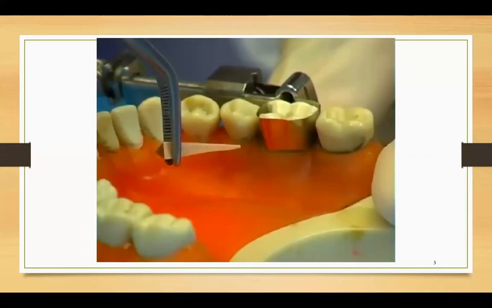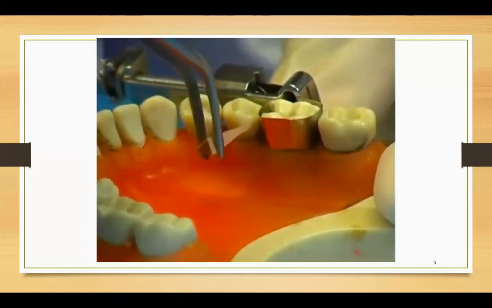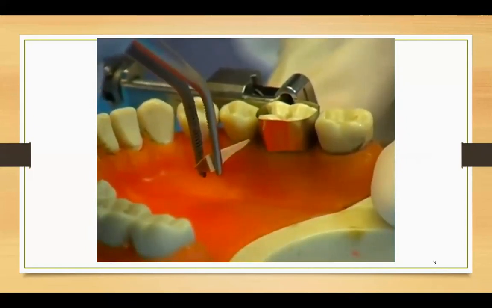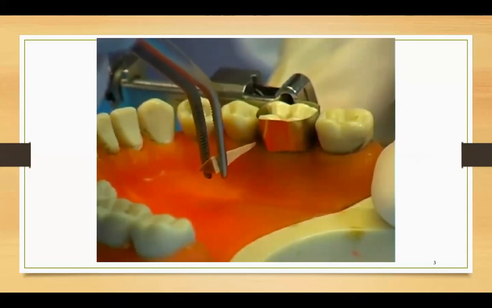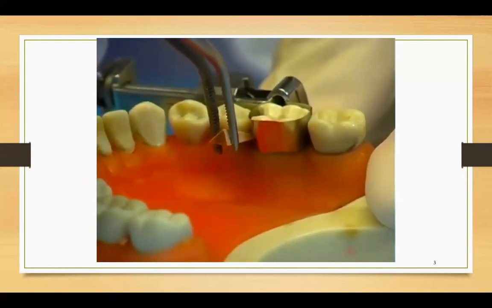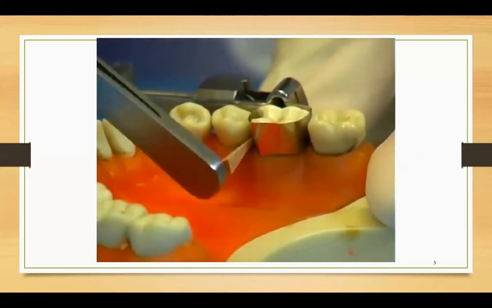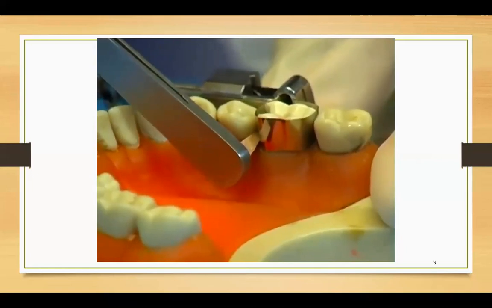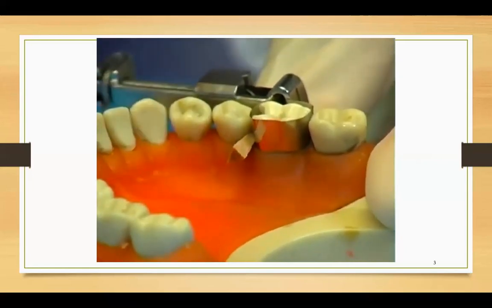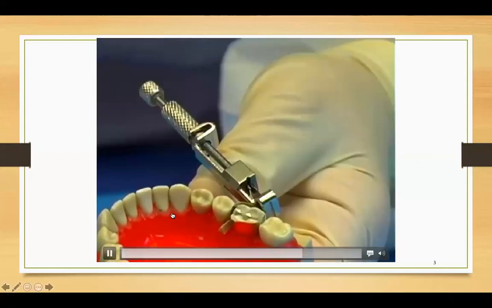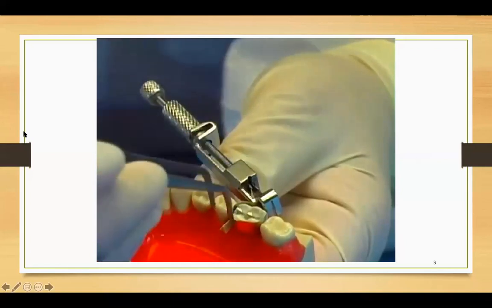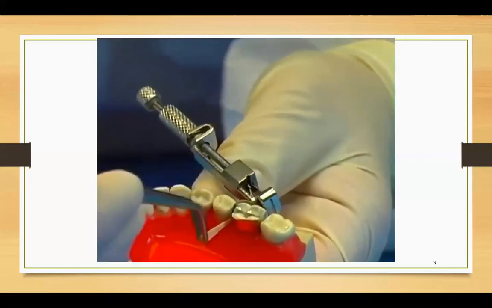Using college pliers, choose a wedge and hold it with the base of the triangle in position towards the gingival margin. The wedge will be inserted on the lingual aspect. The wedge is only needed on the side where the tooth wall is missing. Now the tooth is ready to be restored. To remove the band, first remove the wedge with the college pliers.